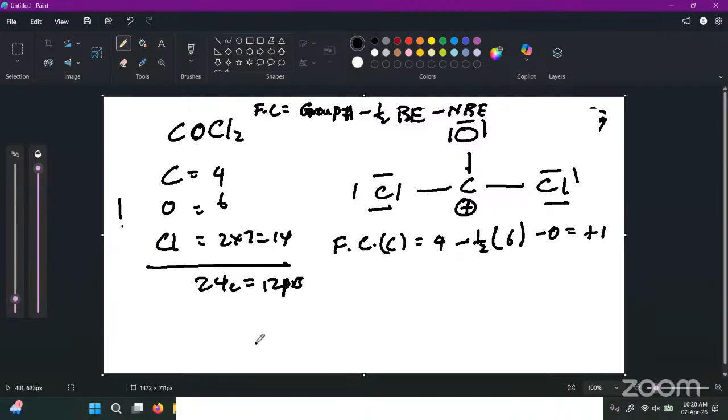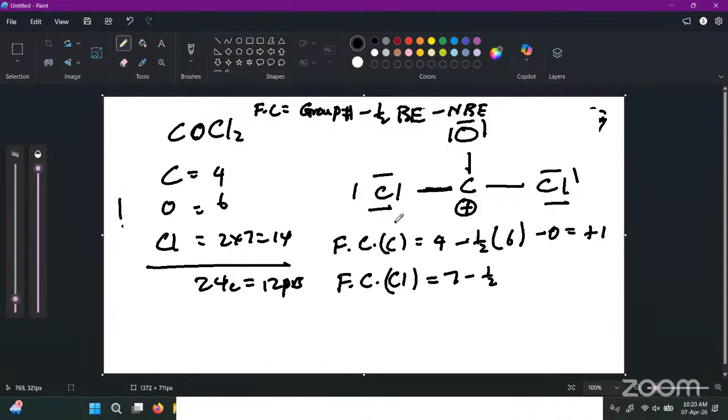All right? We're going to do a similar calculation for the chlorine. What's the group number for the chlorine? 7. 7 minus half the number of bonding electrons. Remember, the same calculation for this chlorine would apply to the other one as well.